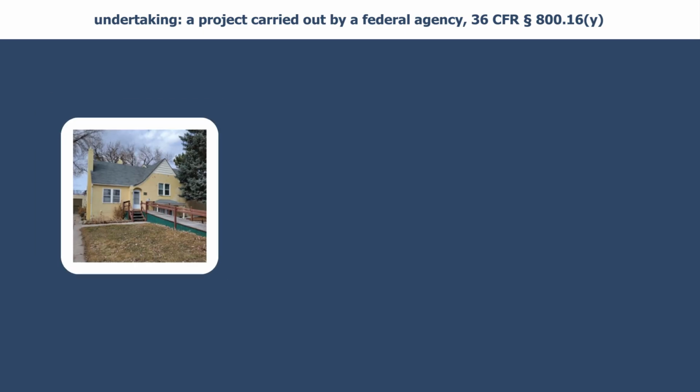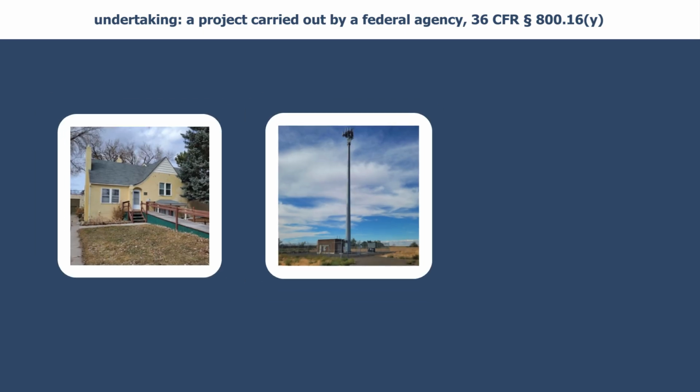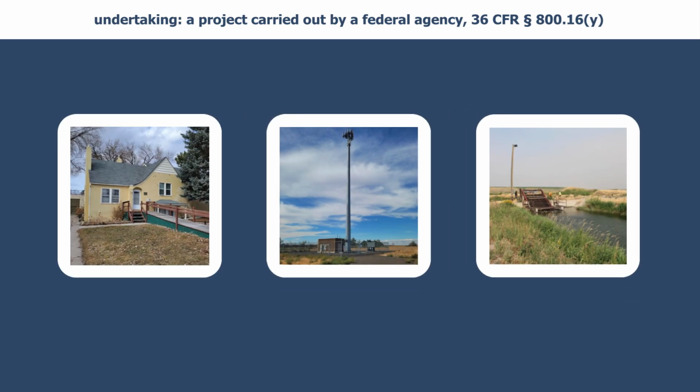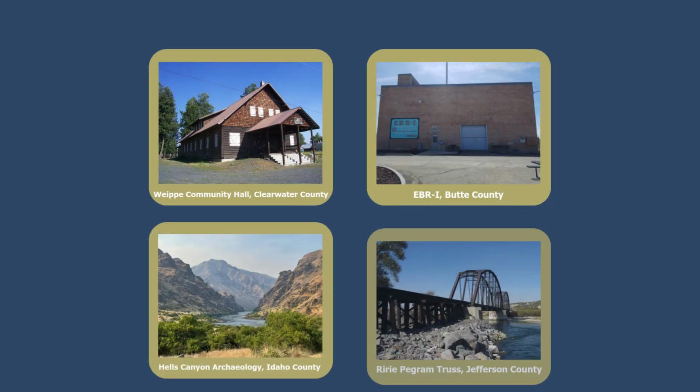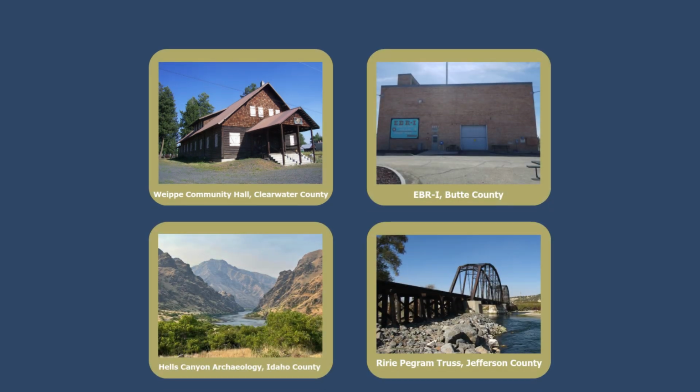Section 106 applies whenever there is a federal undertaking. An undertaking takes place when there is a project, activity, or program that is federally funded, licensed or permitted, located on federal lands, or is otherwise carried out by a federal agency. To trigger Section 106, that project must also have the potential to affect historic properties.